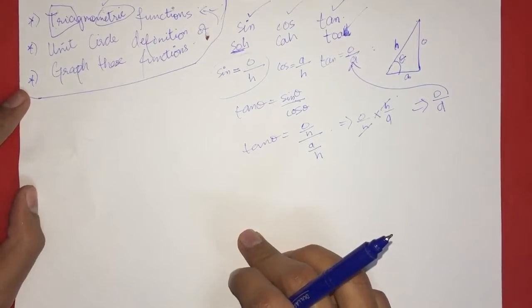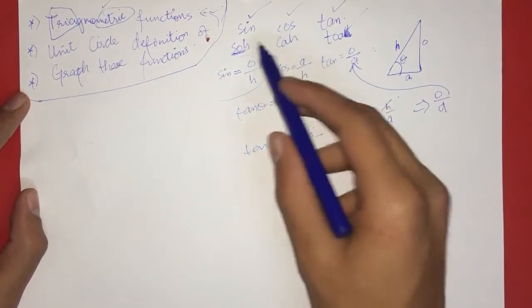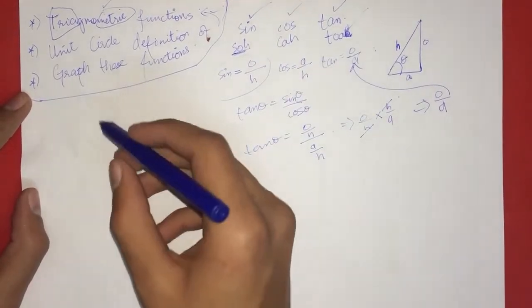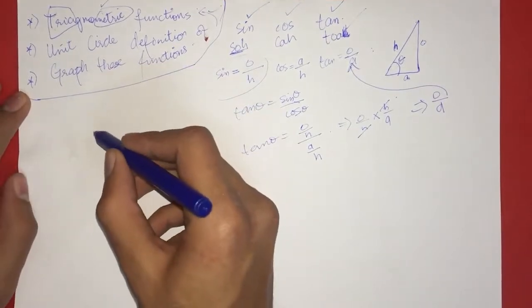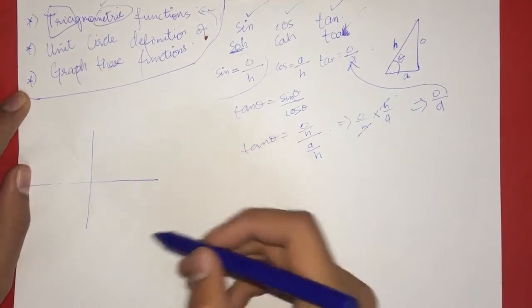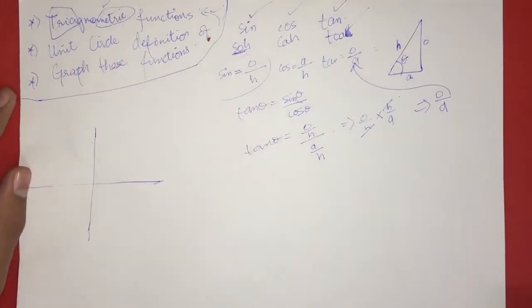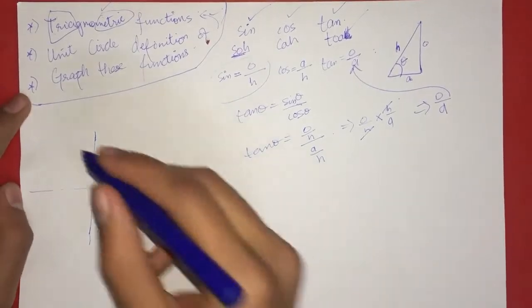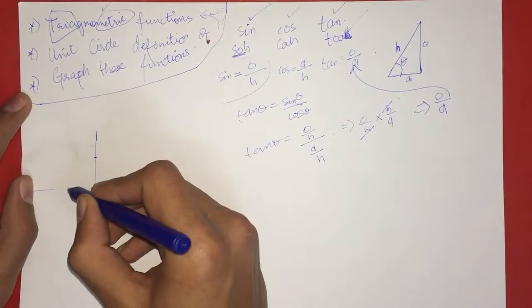Now let's see the unit circle definition of these trigonometric functions. For example, I have a unit circle here, and a unit circle means that its radius is 1.